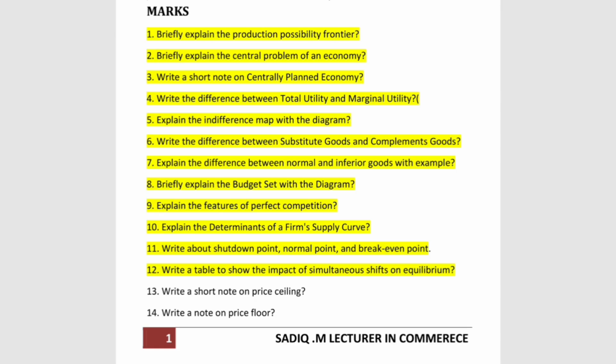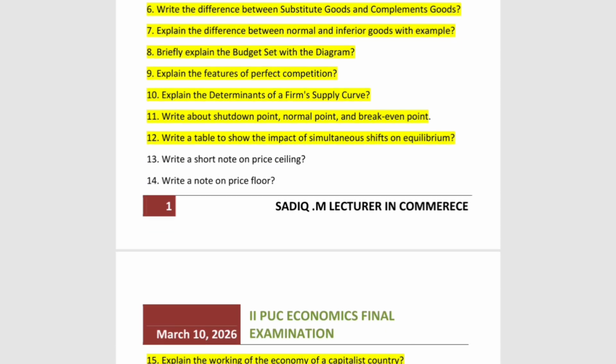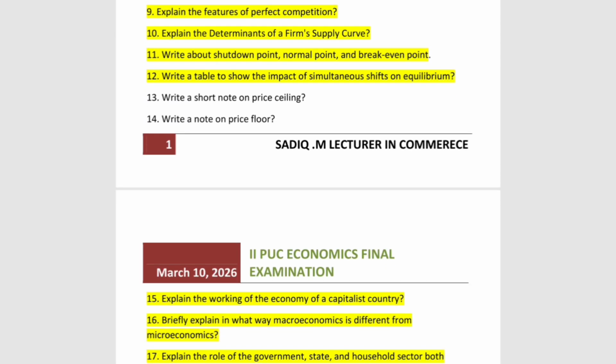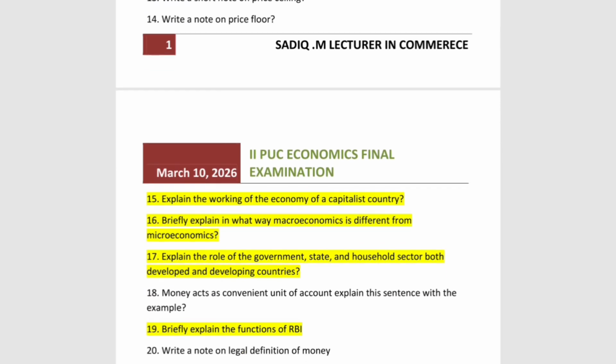The next question is: write a short note on price ceiling. After that, another question from market equilibrium is: write a note on price floor. The next important question is: explain the working of the economy of a capitalist country. It is from macroeconomics unit number 1. The next question from macroeconomics unit number 1 is: briefly explain in what way macroeconomics is different from microeconomics.